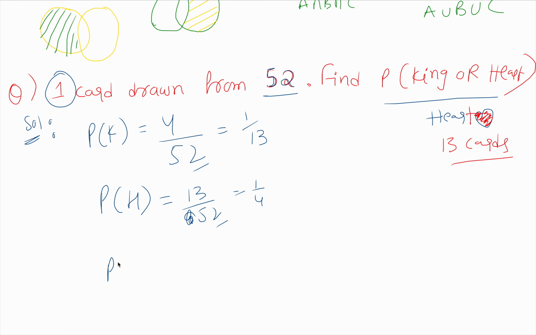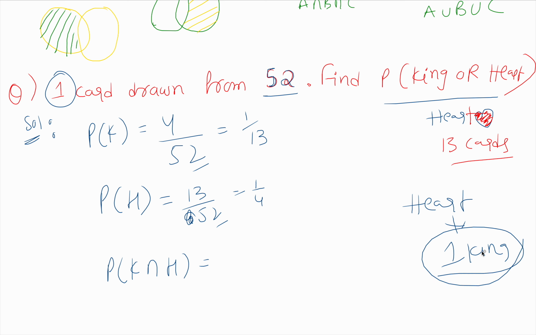We have to find the probability of king intersection heart. For hearts, there will be only one king, which is the common card in heart and king. So we take the probability as 1 by 52.